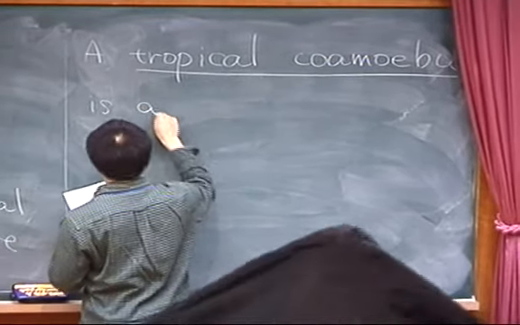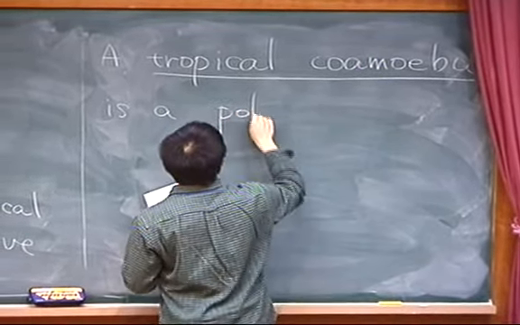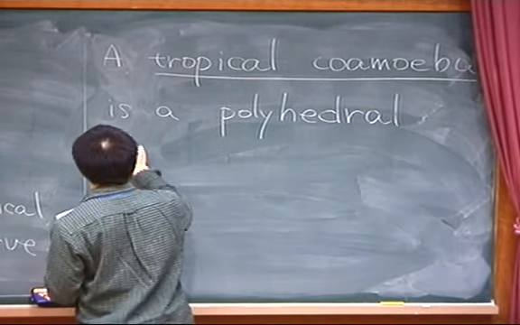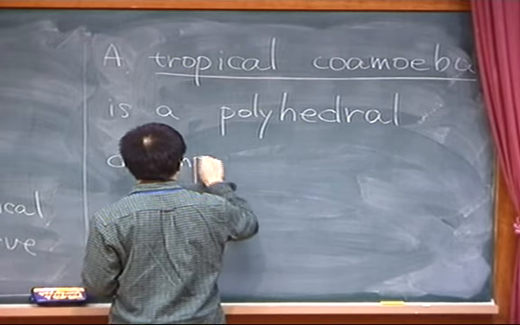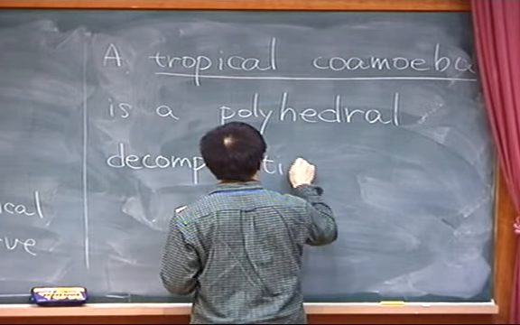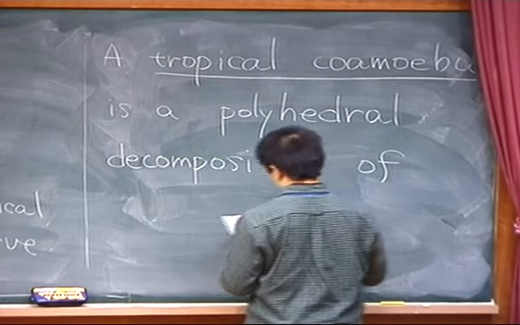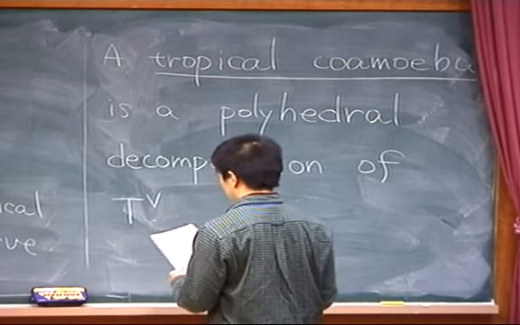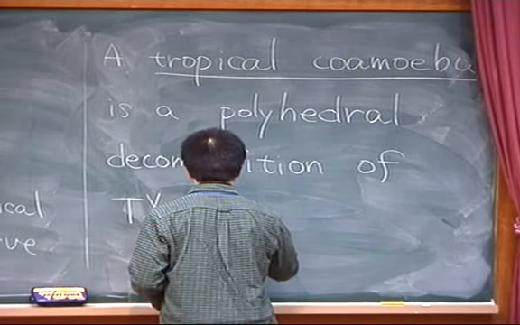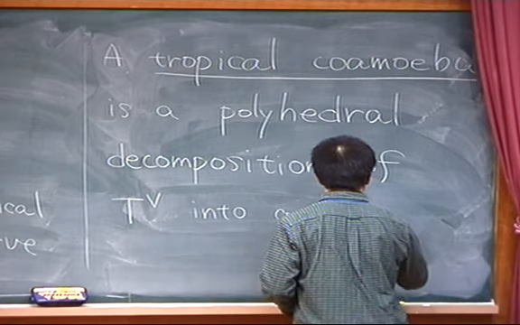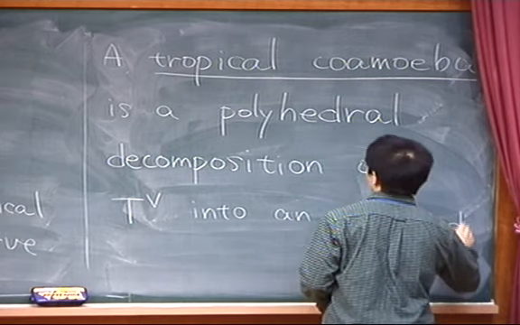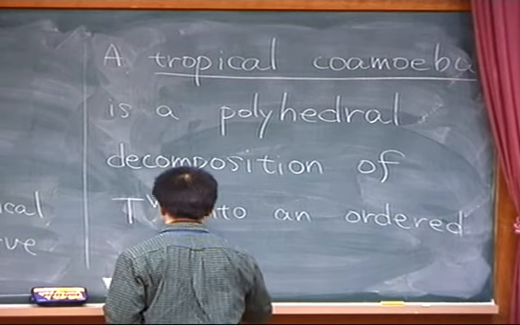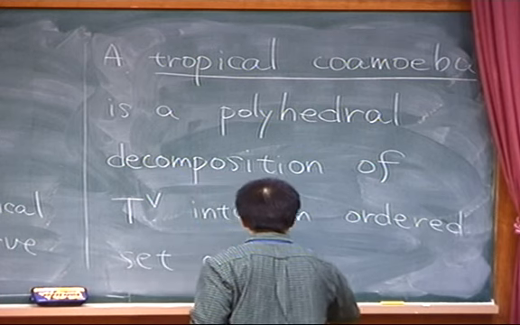It's a polyhedral decomposition of the real torus into an ordered set of polytopes.